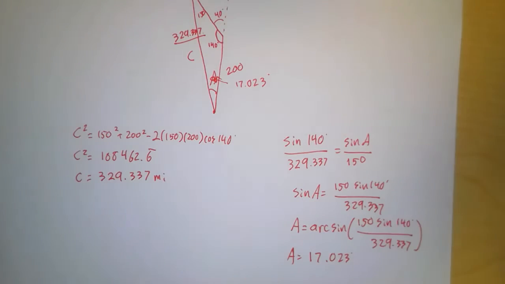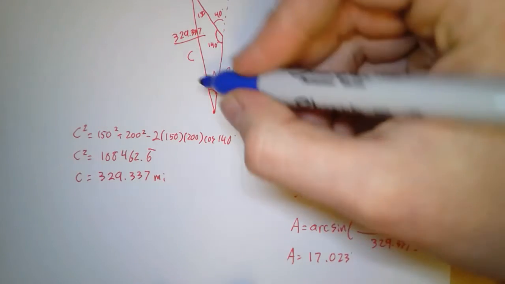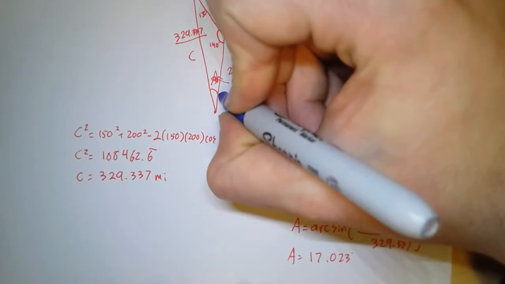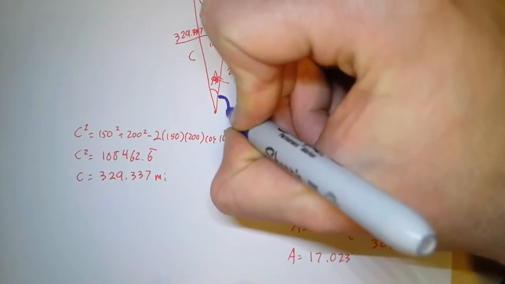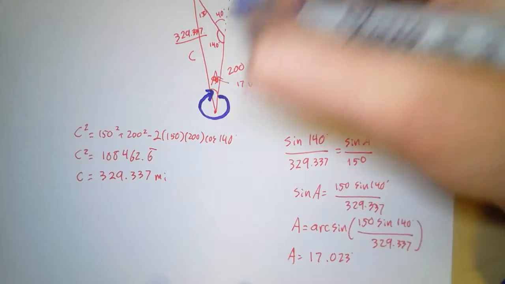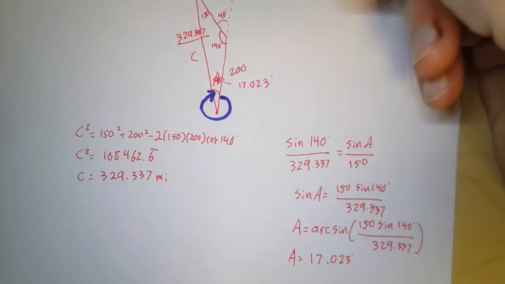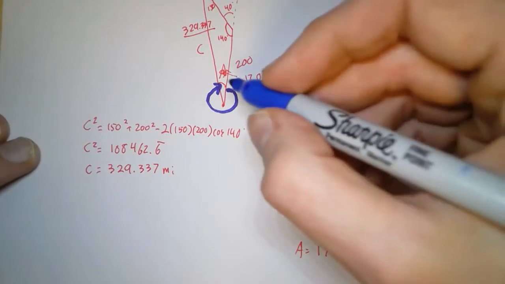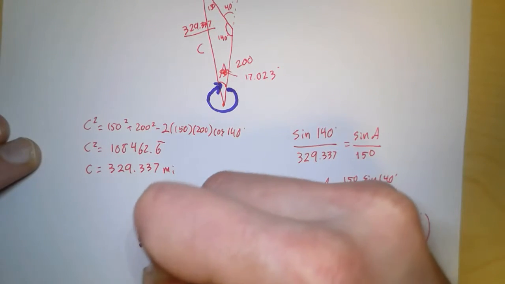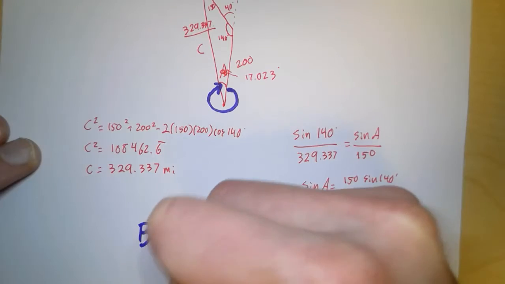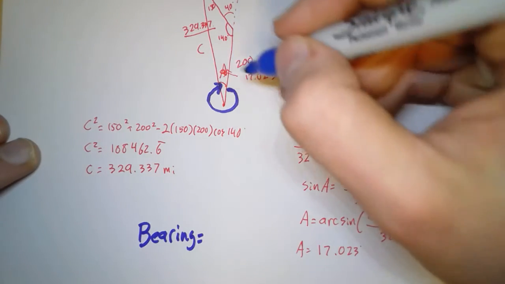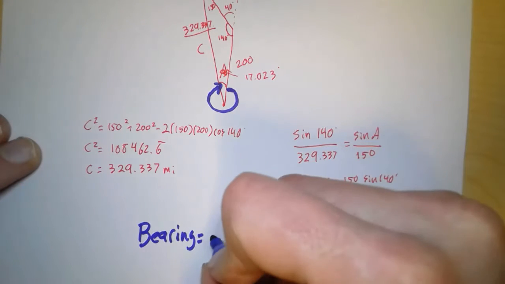The interesting thing, though, is that bearing is always measured from north, and it's always measured clockwise. So whenever you hear the word bearing, that's a very specific word. And so we're actually asking for this angle right there. So to find the bearing, that's what's left over in a full rotation, in a full 360.